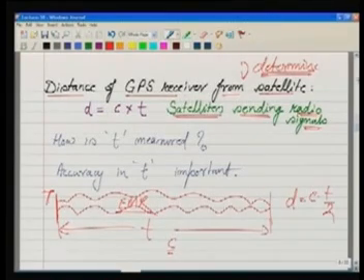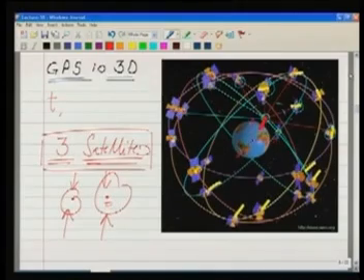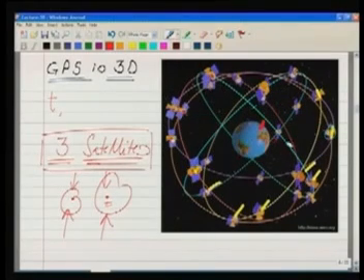However, in the case of the satellite or in the case of the GPS, the way the signal is being transmitted, it is only from the satellite to the antenna here.